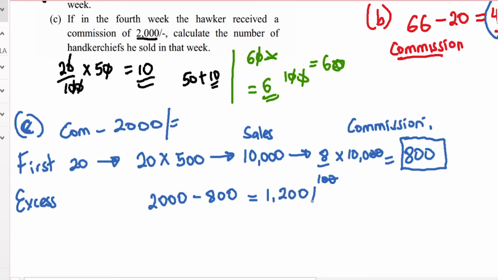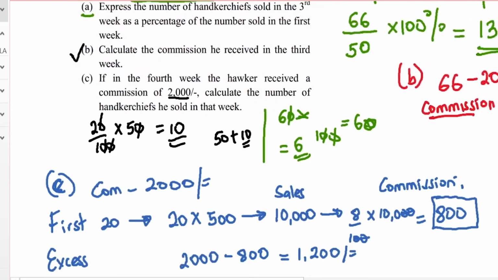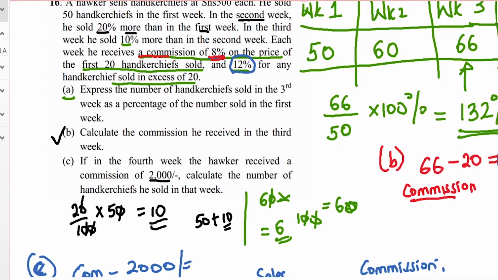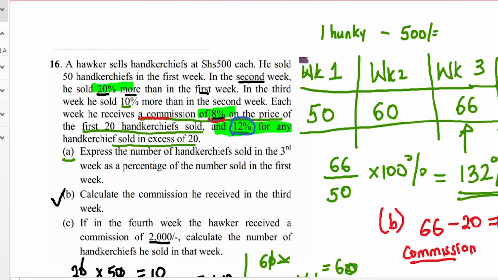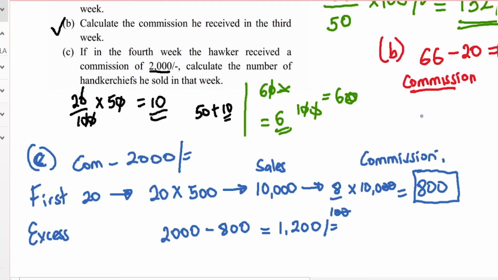So minus 800, we have 1,200 commission remaining. Now remember, this remaining commission of 1,200 is equivalent to 12%. Let's take note that when he sells the first 20 hankies, he gets 8% commission, according to our question, and we've identified that the commission he earned on the first 20 hankies was 800.